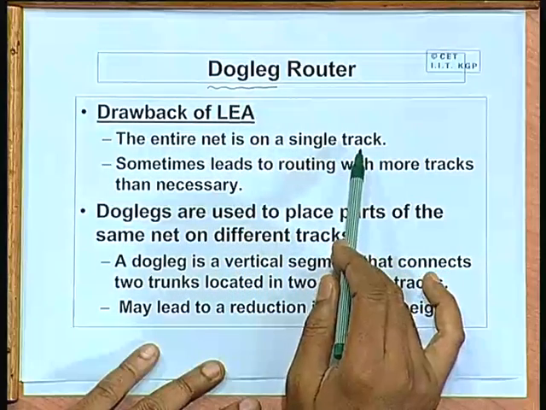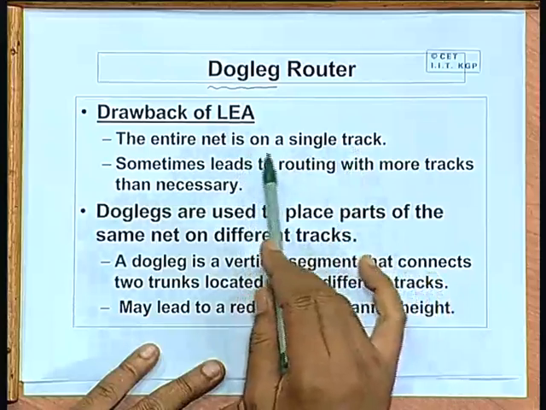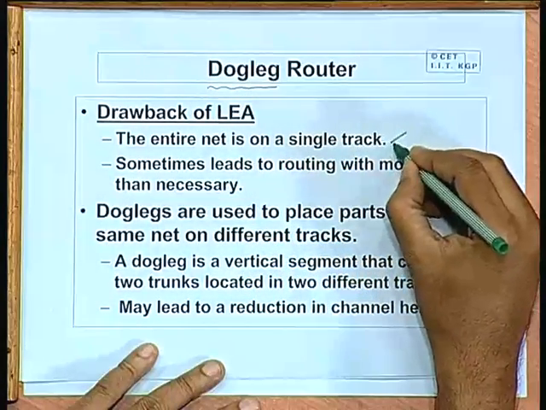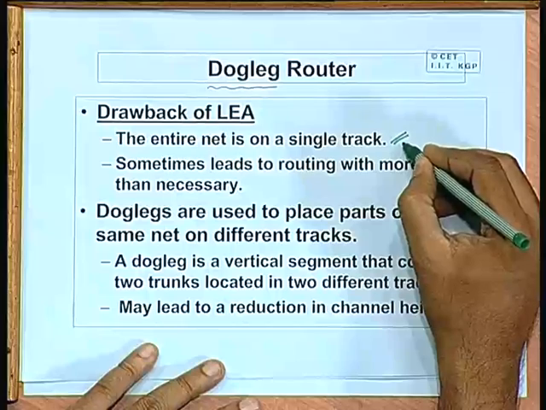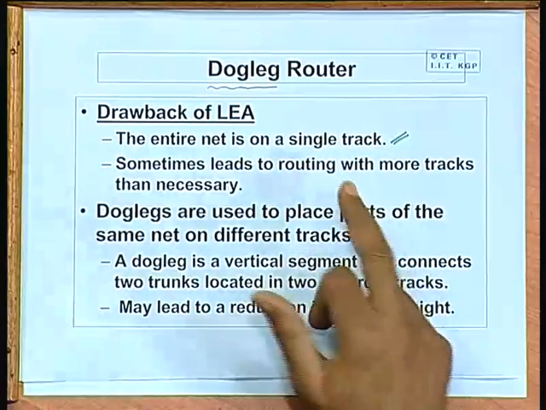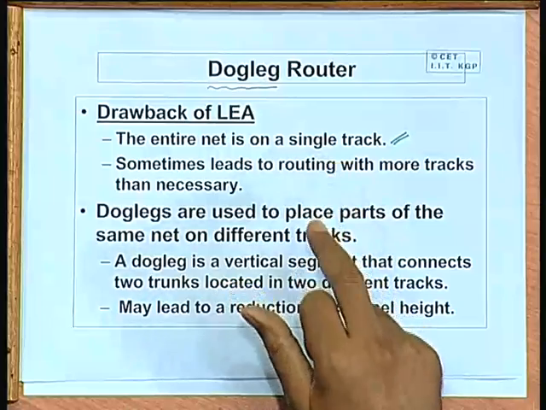But in fact, it can be easily proved that in the absence of any vertical constraint, the basic left edge algorithm gives you the optimal solution in terms of the number of tracks required. But if there are vertical constraints, then optimality cannot be guaranteed. That we will see through an example shortly.